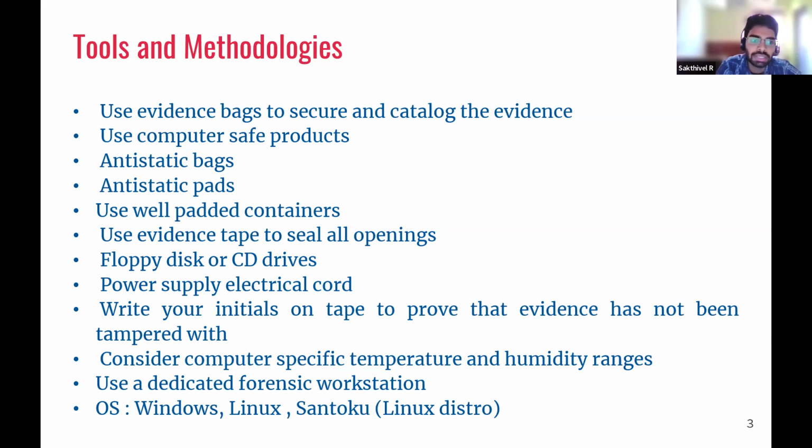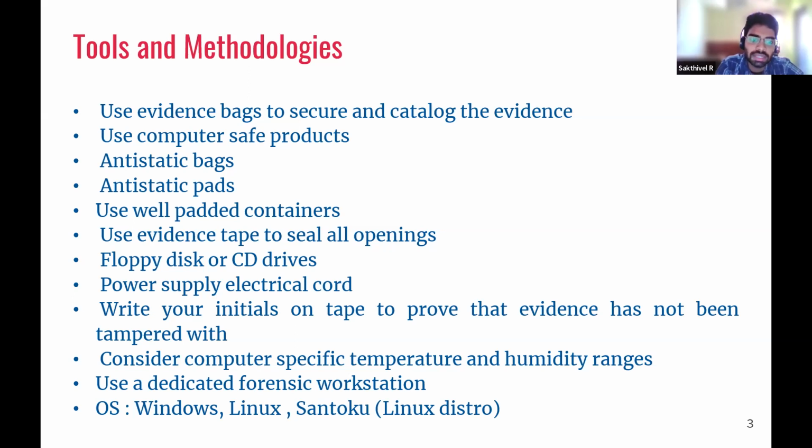Also, the well-padded containers, used to store the acquired evidence from the crime scene and investigate it later, and to prevent unauthorized access to the evidence by anyone other than the forensic investigator.